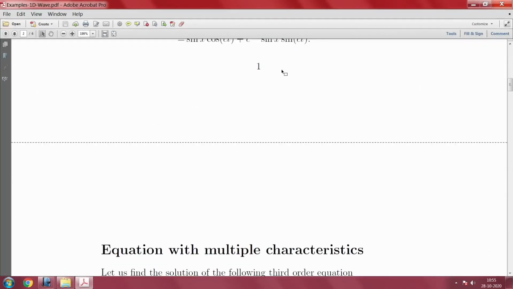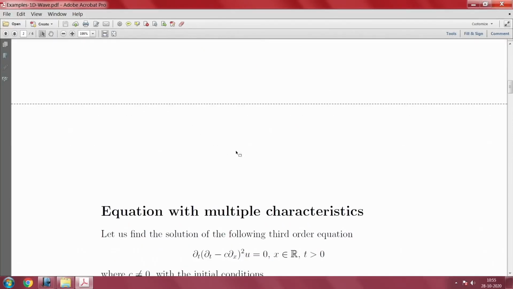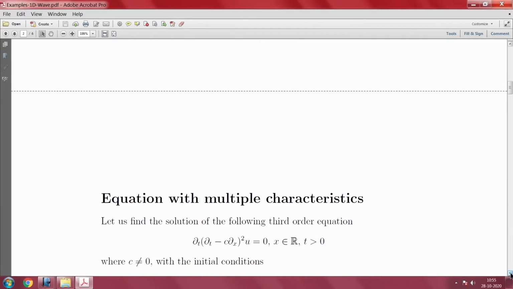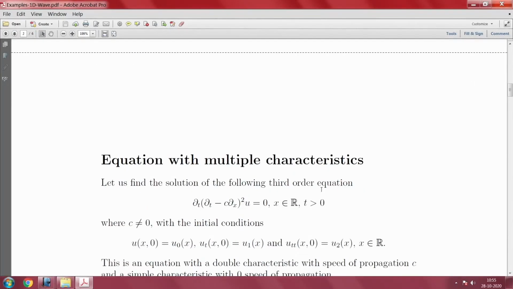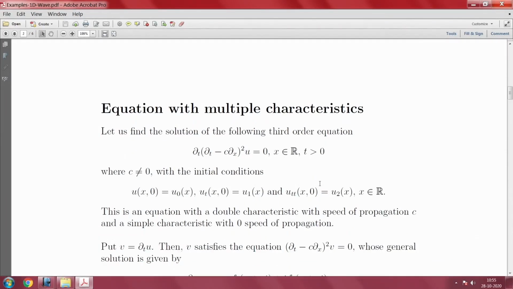And then we discussed equations with distinct roots and also multiple roots. So, here I have taken a simple example of a third order equation. As you see here, this is a double characteristic part: (∂_t − c∂_x) squared equal to 0, and here there is only ∂_t.